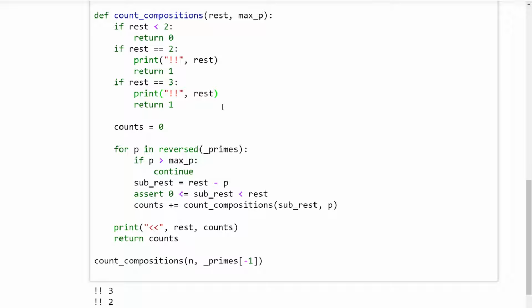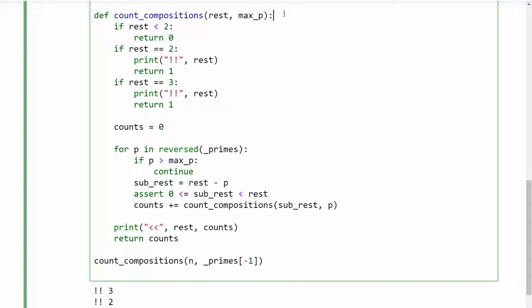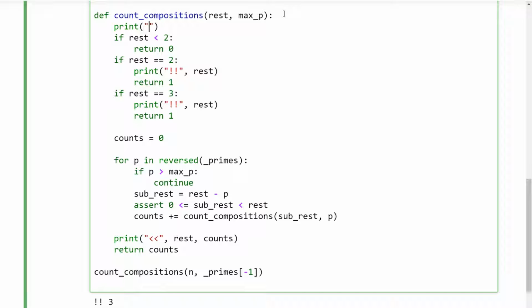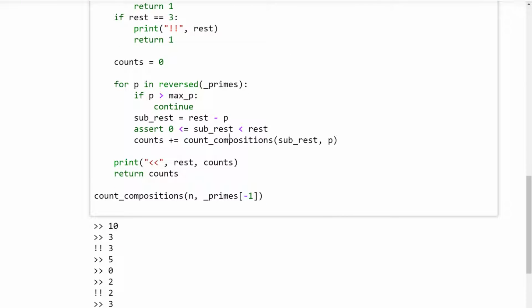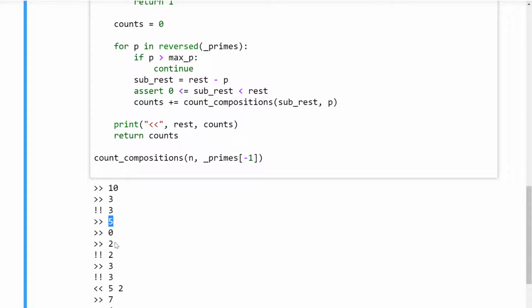Okay, so starting at 10, we get the rest 3, we get a count for 3. Starting at 5, we go down to 2, we counted 2, we go down to 3, we counted 3. That doesn't sound right.